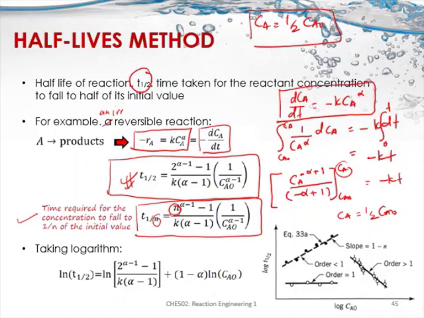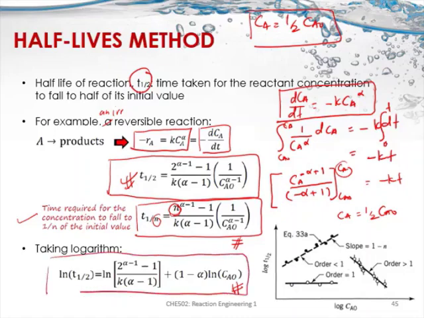As usual, this equation can be represented by a straight line, a linearized relationship, by taking the natural log of both sides. You may try to understand how, because this is all calculus, by introducing a natural logarithm on both sides you end up with this equation.